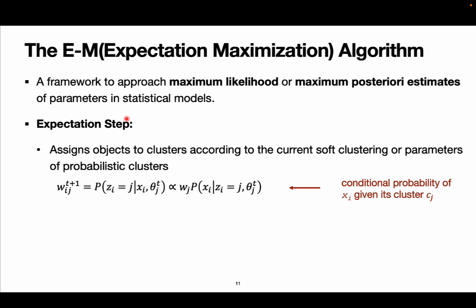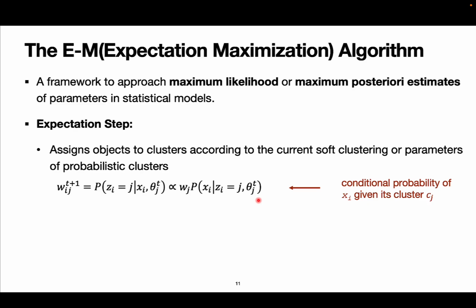Now, in the E step, now that we have some initial guesses, we can compute the posterior probabilities for each data point by multiplying the prior by the likelihood, which is the probability of xi given its cluster Cj and the initial parameters theta.